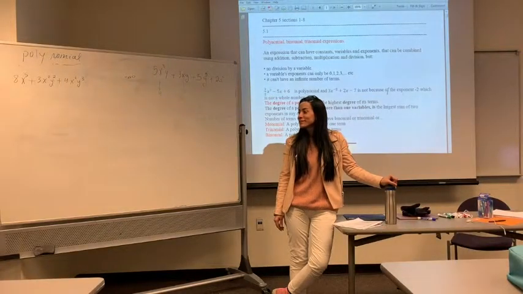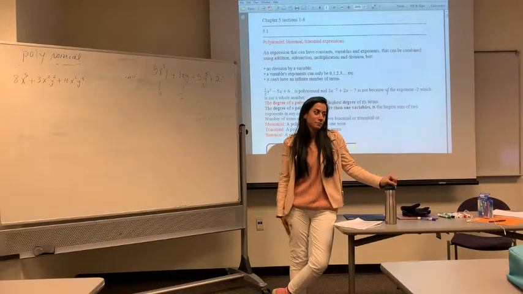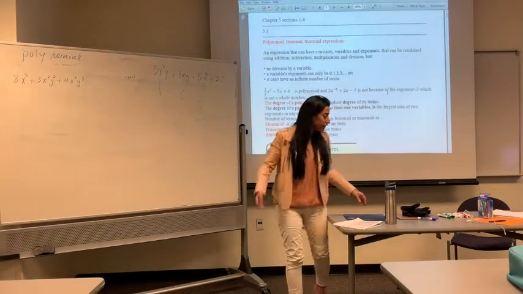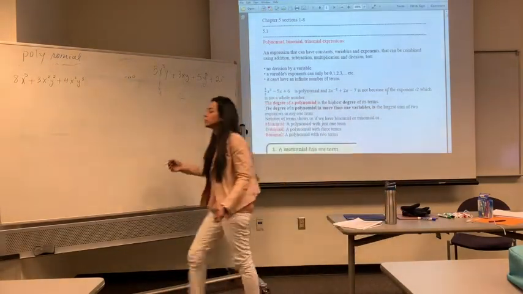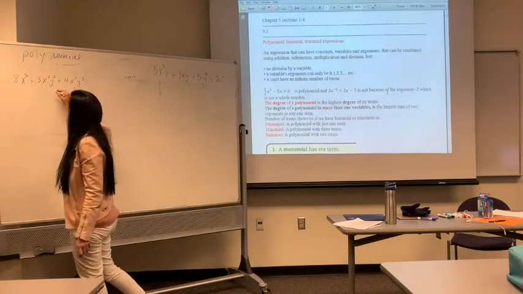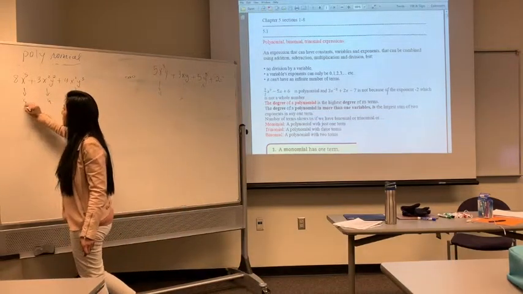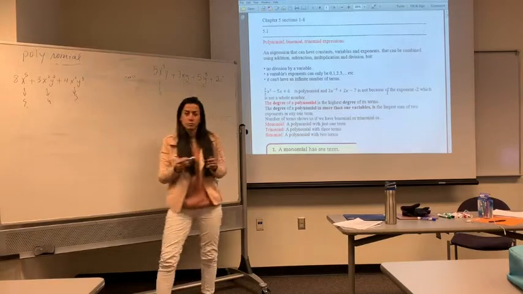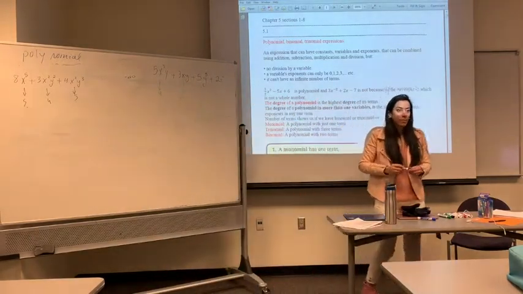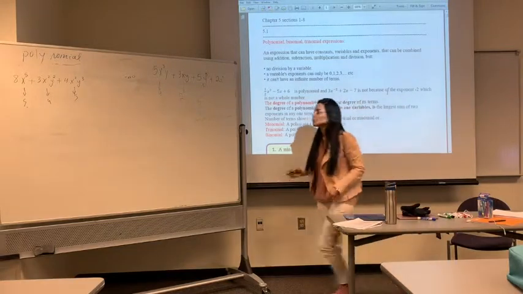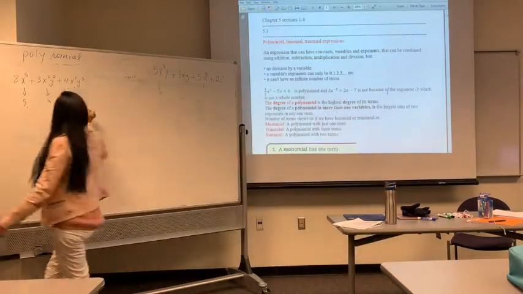Yes, because we have 5, another 5, and 4. I said choose the highest one, and the highest is 5, but it doesn't matter if you have many of these 5s. It would just be 5.